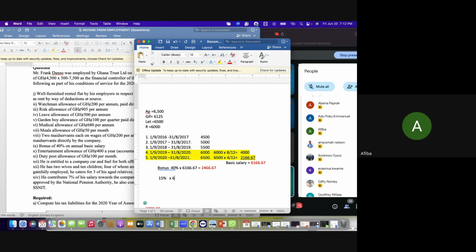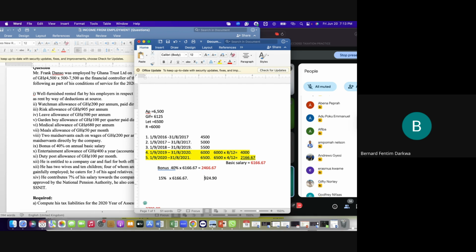So it will be 924.9. 15% of the basic salary is what? 924.9. Approximately, you can make it 925. But because we are dealing with decimal, let's make it this way.